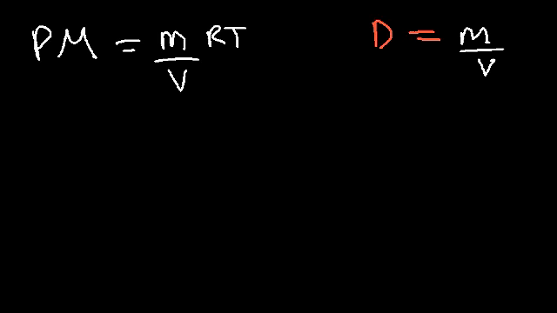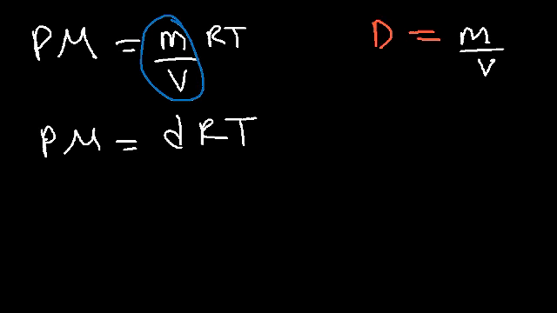So you can replace m over V with density. So here's the equation: pressure times the molar mass of a gas is equal to density times RT.